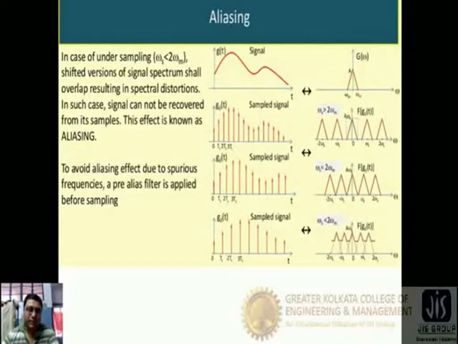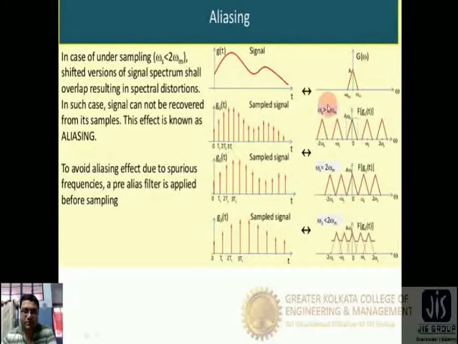that it is an input continuous time signal and it is the sampled signal, and you can see the sampling rate over there. The sampling rate is much higher than the Nyquist criteria, that means twice the maximum frequency present in this input signal.